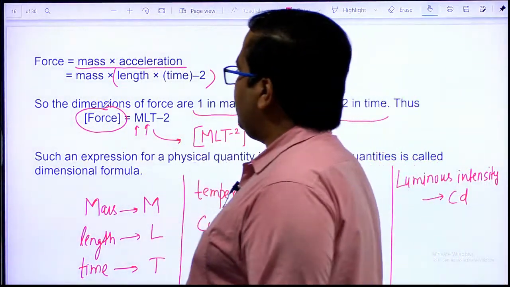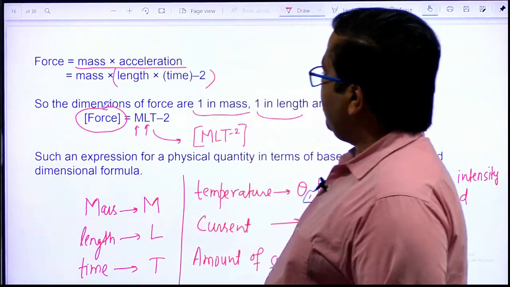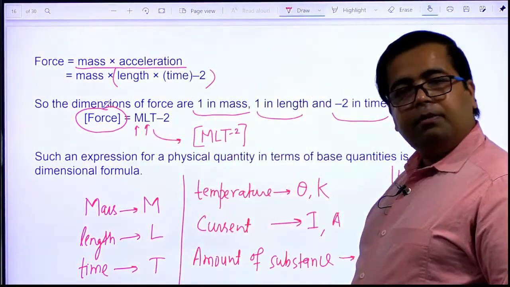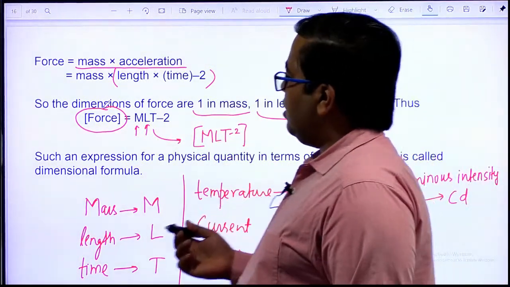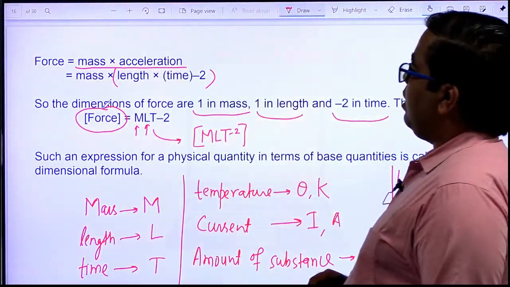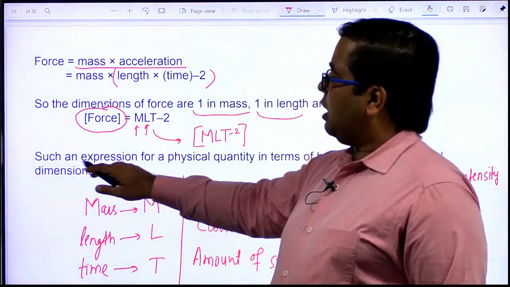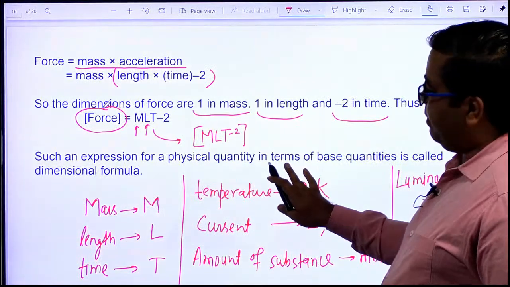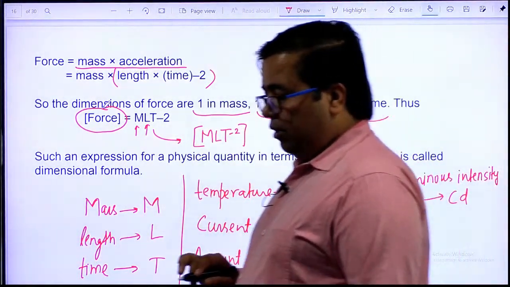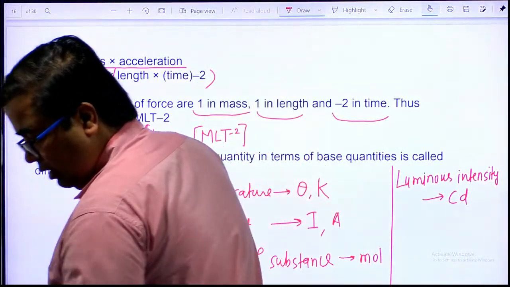The expression M L T to the power minus 2 is known as the dimensional formula of the physical quantity force. Such an expression for a physical quantity in terms of base quantities is called a dimensional formula.